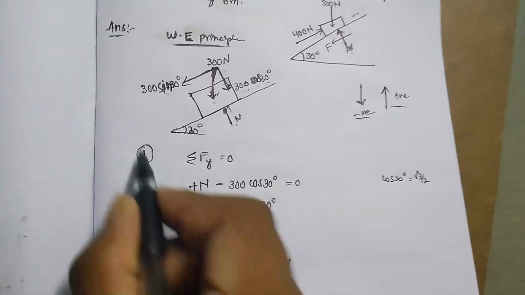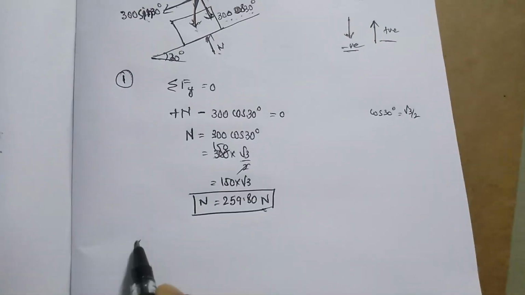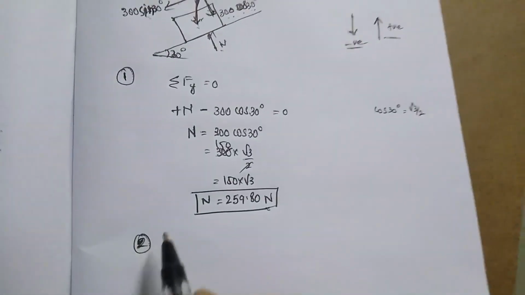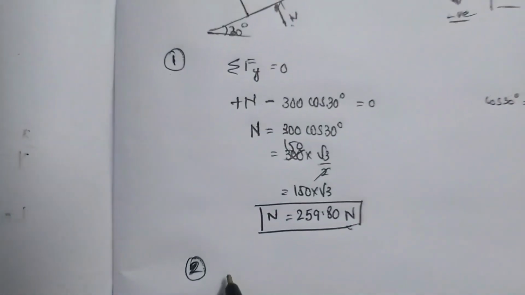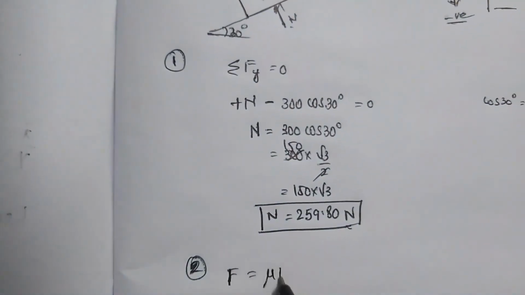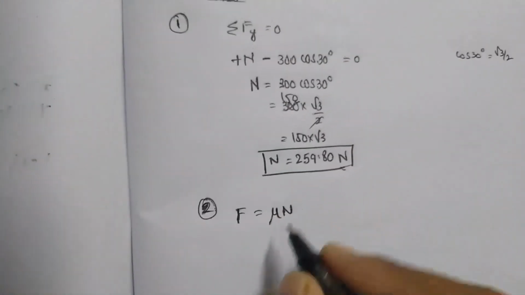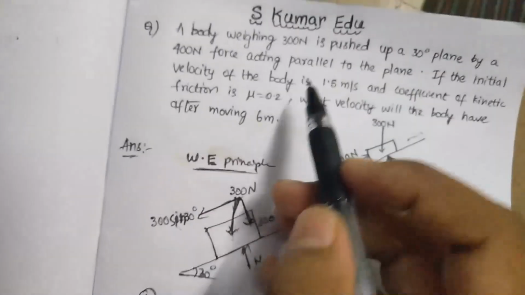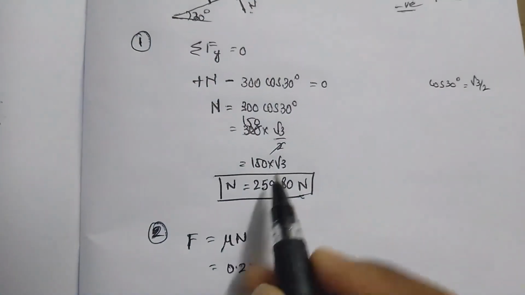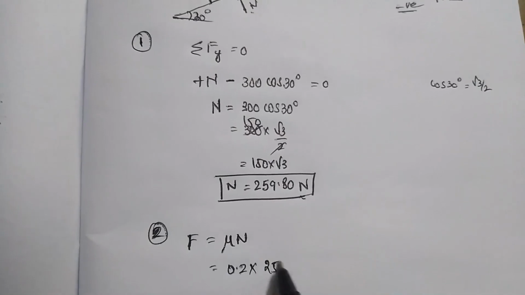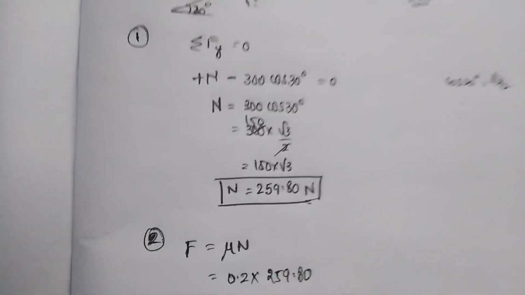This is the first step in this problem, and we are going to the second step. Here we are going to find the frictional force, that is F. We know frictional force F equal to mu N. Here mu is given as 0.2, and N we got 259.80.